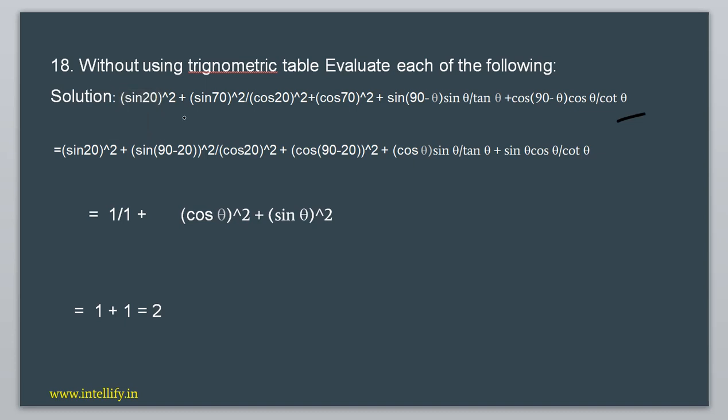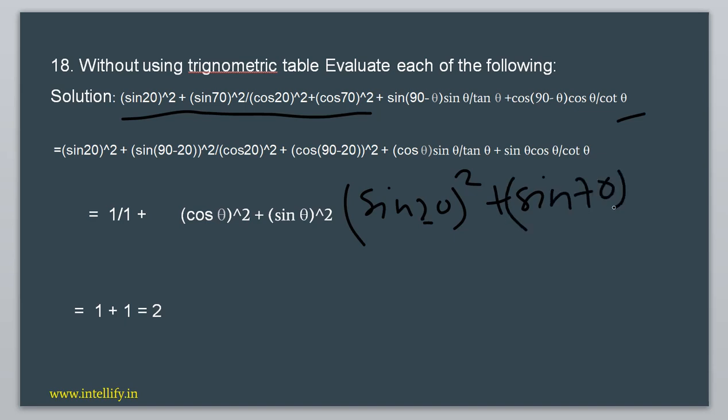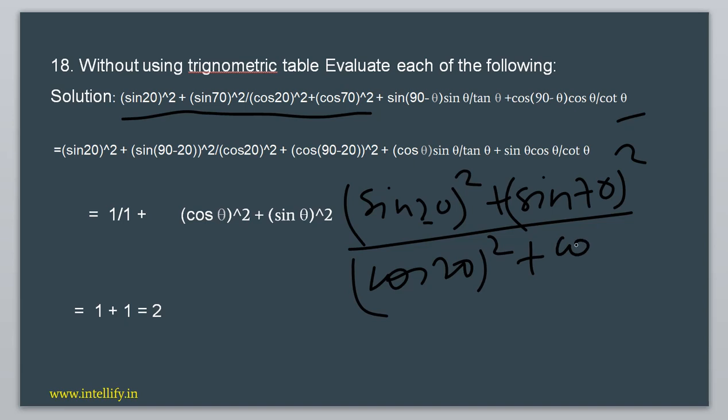I'm taking this part first. That is, sin 20 whole square plus sin 70 whole square by cos 20 whole square plus cos 70 whole square.